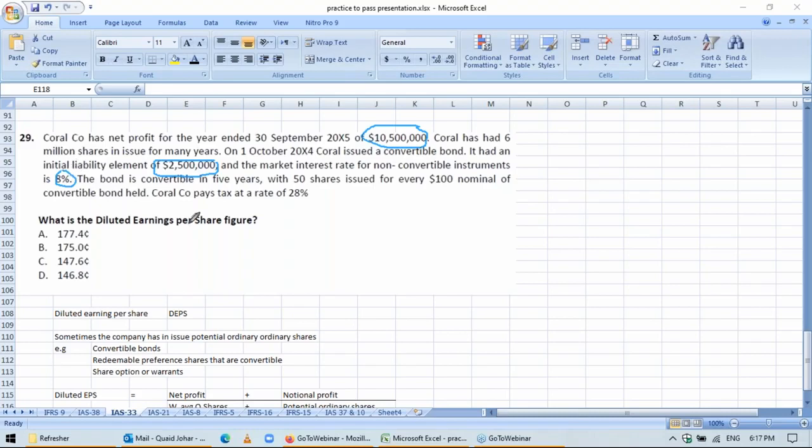So this 8% will be avoided if the bond gets converted. So we will add 8% of 2.5 million to the net profit.